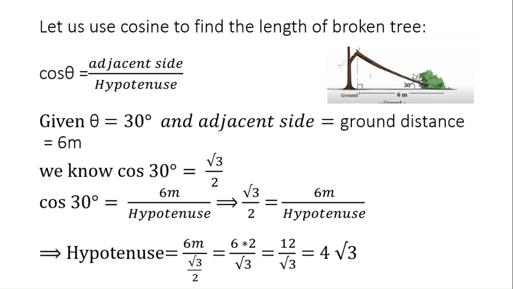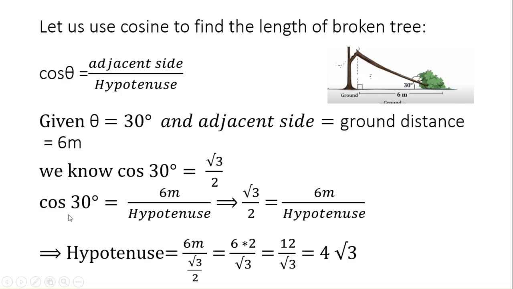Now we are using the cosine formula to find out the length of the broken part of the tree. Cos theta is nothing but adjacent side by hypotenuse, where theta is 30 degrees and the adjacent side is the ground distance, that is 6 meters, right? We know cos 30 is root 3 by 2.